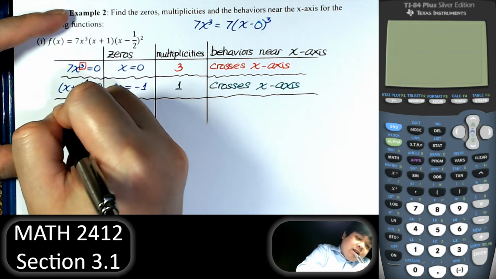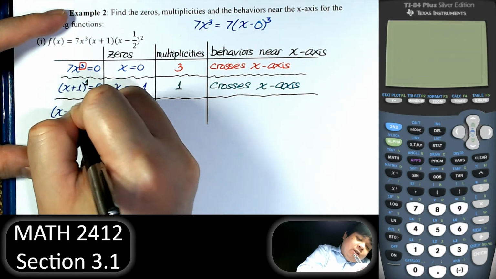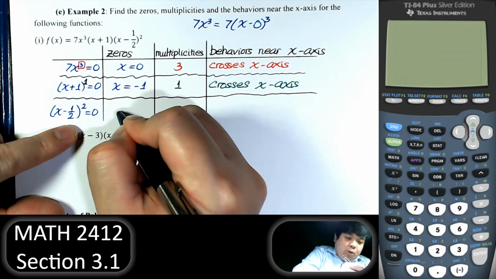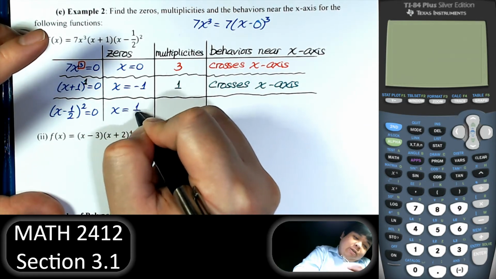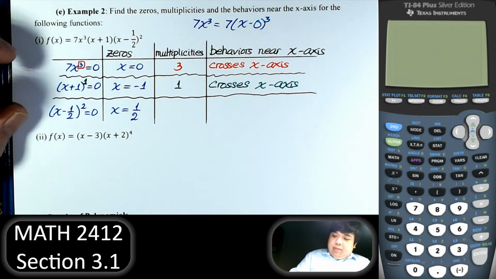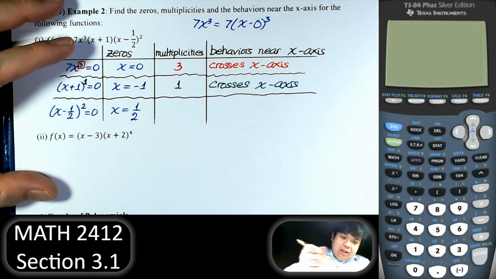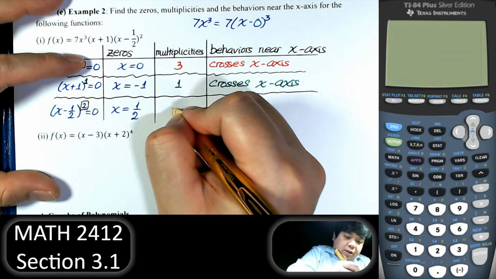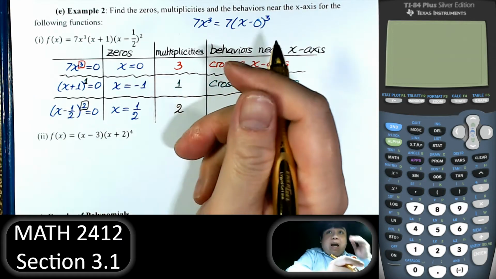Next, we have the factor (x minus 1/2) squared. If that is equal to 0, then we have x equal to 1/2. Multiplicity of 2, which is the power of that factor.